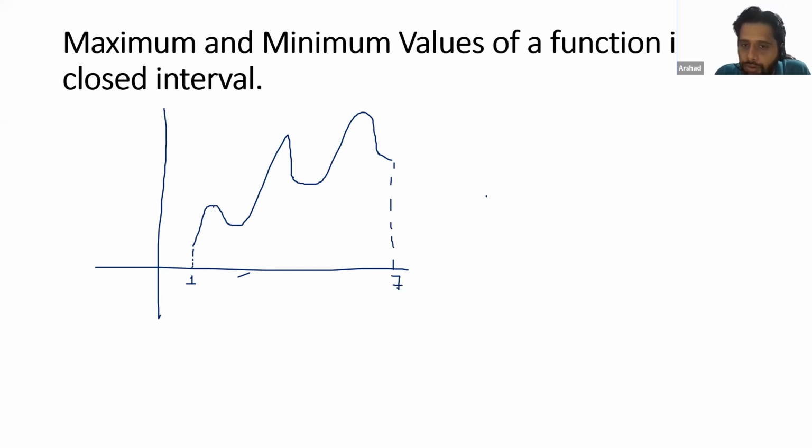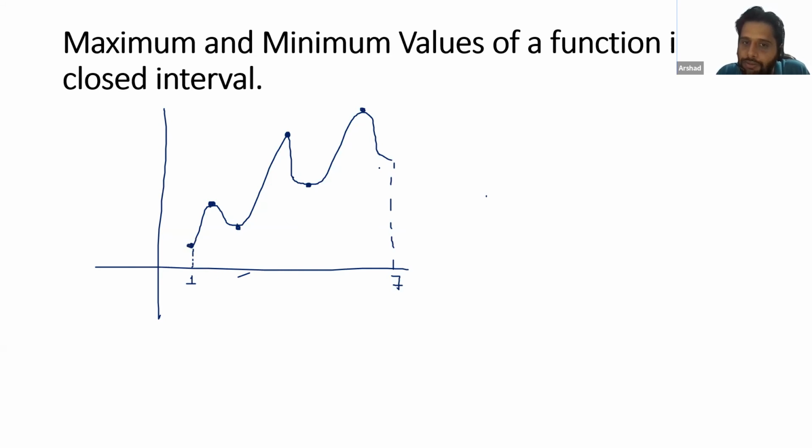At the critical point. I guess you all know what a critical point is. So the maximum and minimum value can exist at the critical points, that means this one, this one, this one. So maximum and minimum can exist at the critical points or at the end points.